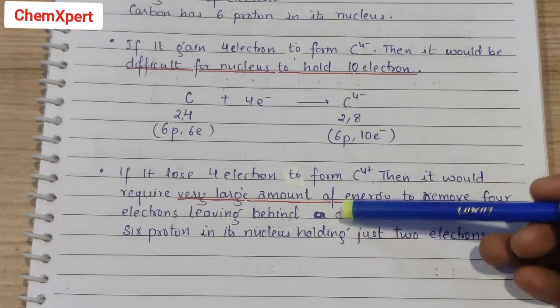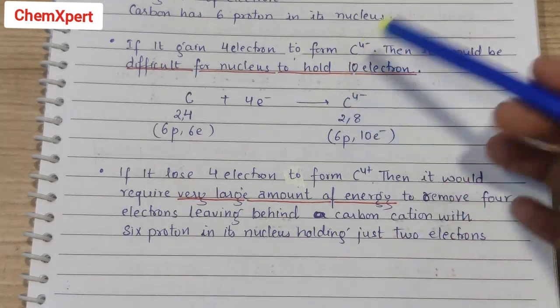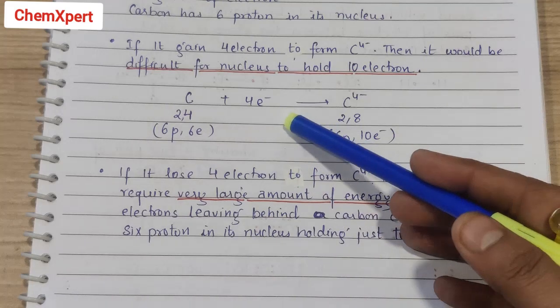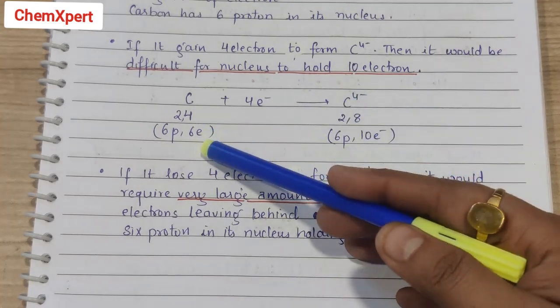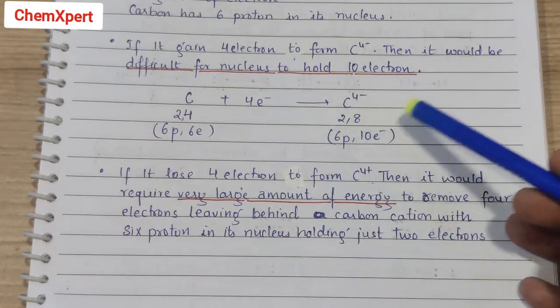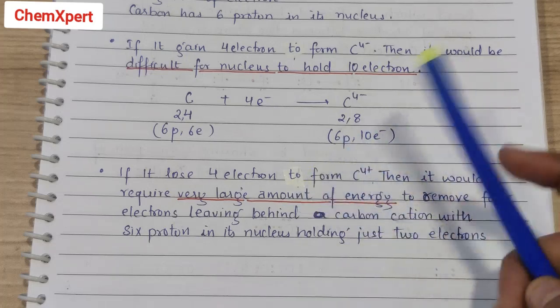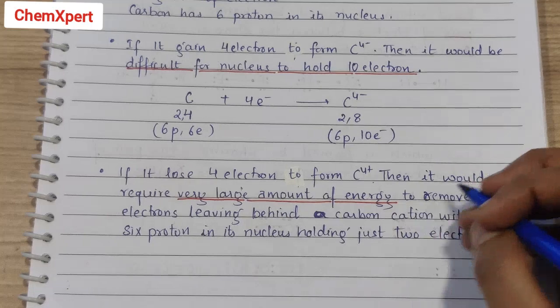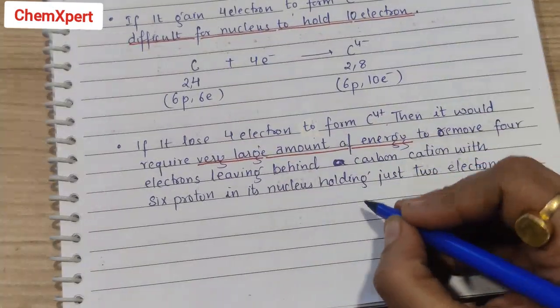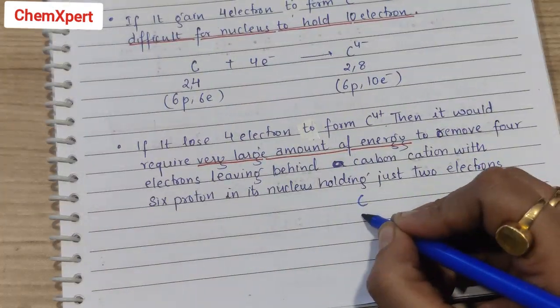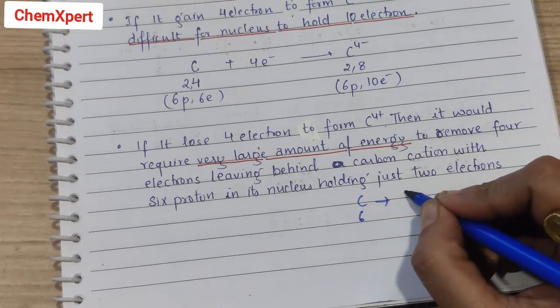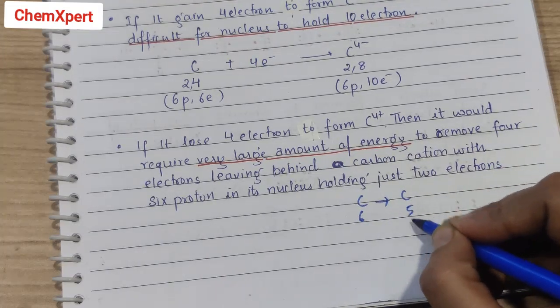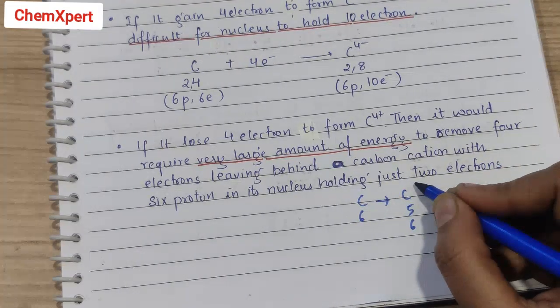So in both the cases, if it forms C4-, it requires a very large amount of energy, and it becomes very difficult for the 6 protons to hold 10 electrons. In a similar way, the moment carbon, atomic number 6, loses 1 electron, now 6 protons are holding 5 electrons.